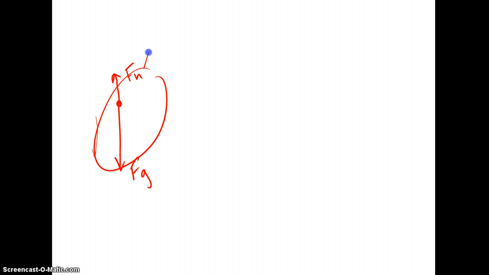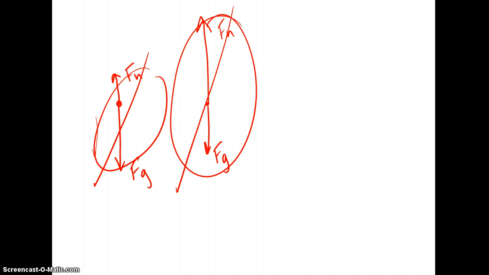So this one doesn't work. How about the opposite? Let's say you have the force of gravity being shorter than the normal force. Maybe that's a possibility. This one wouldn't work, because in this case your car is going to be flying up. So that doesn't work.